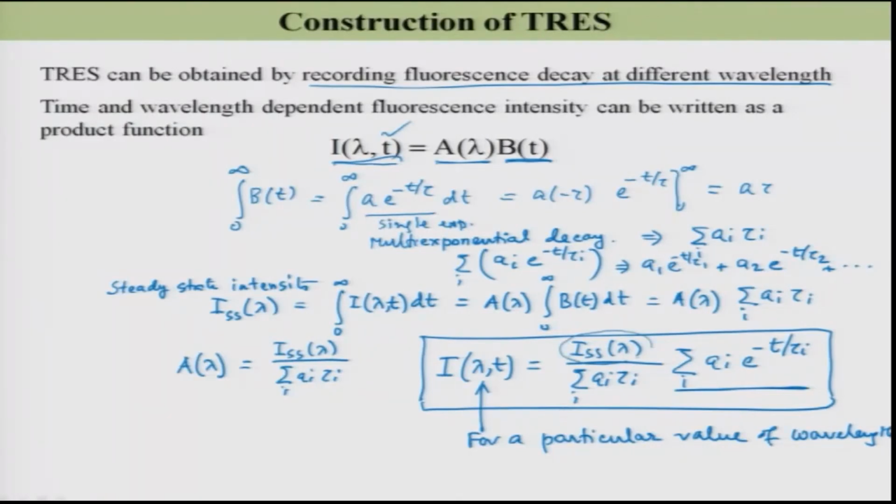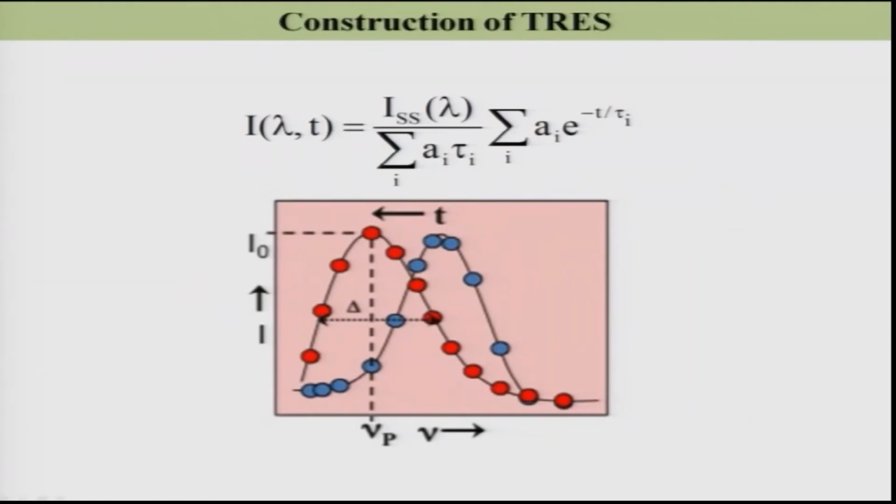If I just show you this plot over here, as you can see here at shorter time, this is my spectra, plotted in nu bar. In this case this is my shorter time spectra.